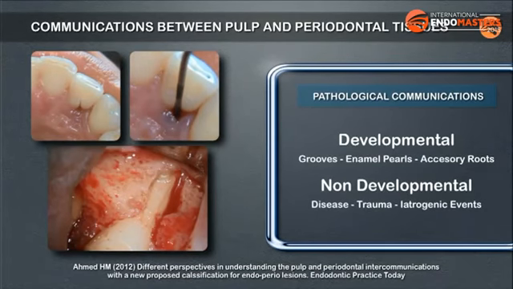Pathological communications. The pulp and the periodontal tissues may communicate through either direct pathological pathways such as a perforation or a root fracture, or indirect ones such as a deep radicular groove. Pathological communications can be divided into developmental and non-developmental communications.